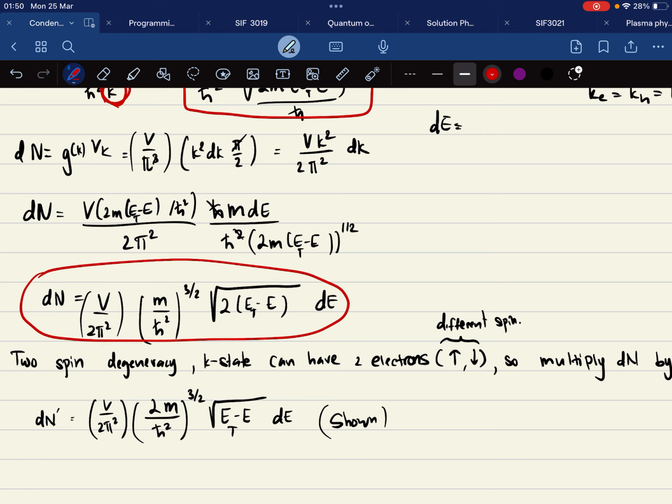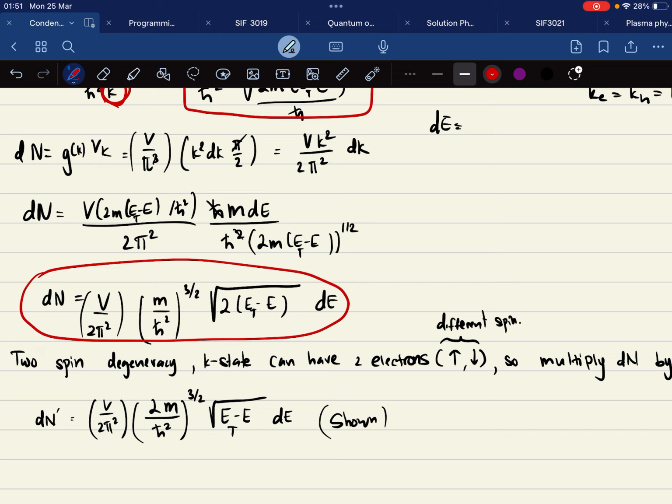Why? Because it can have 2 electrons with different spin, of course, because we don't want to violate the Pauli exclusion principle. So 2 electrons for one state, but different spin, up and down. Two with the same spin cannot, that would violate the exclusion principle.